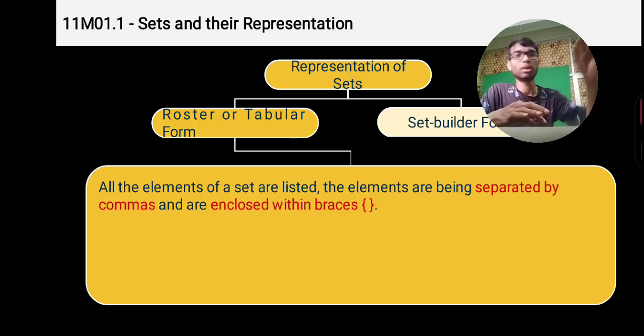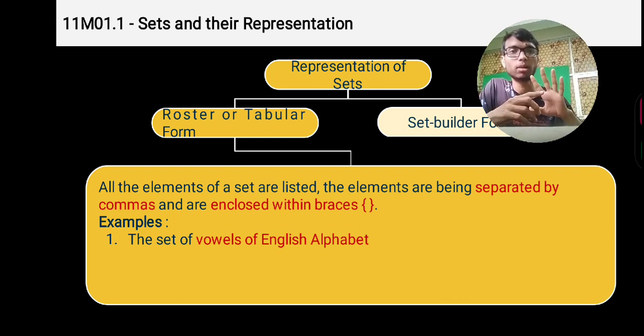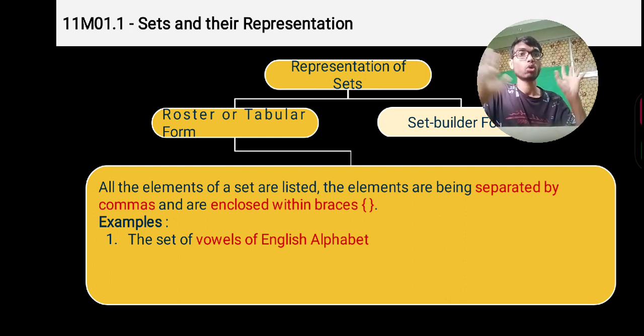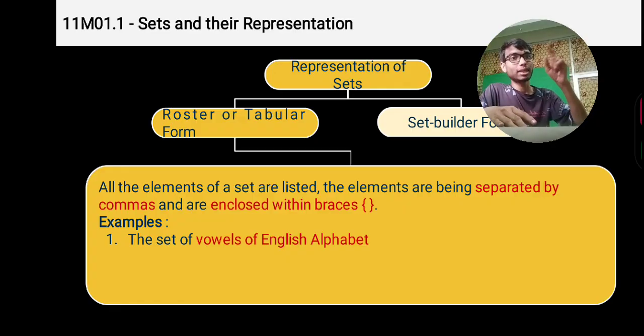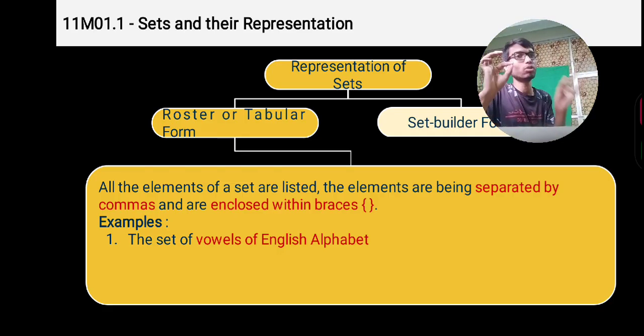Starting would be the open bracket and ending would be the close bracket. Example: we have this set of vowels of the English alphabet. This is not in roster form. Roster form would be A equals curly brackets, then A, E, I, O, U, then the closed bracket. This would be roster form.